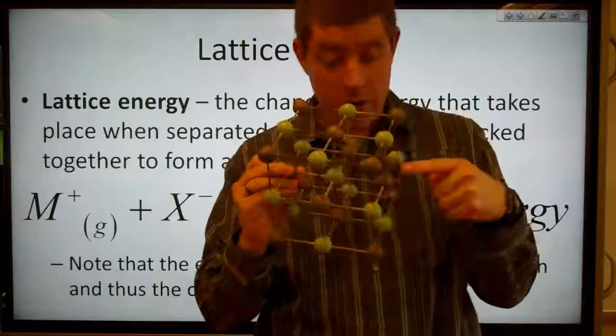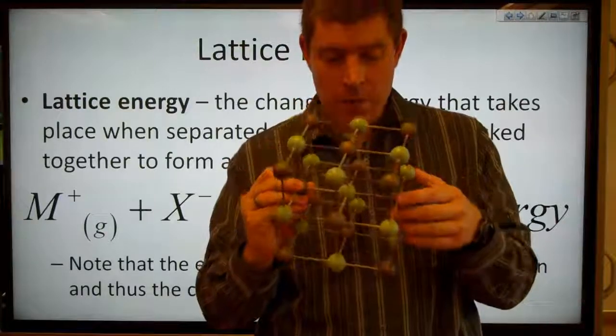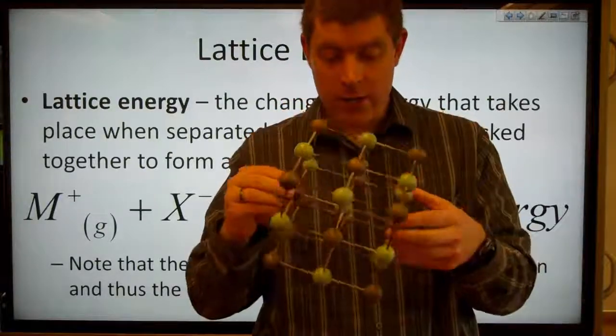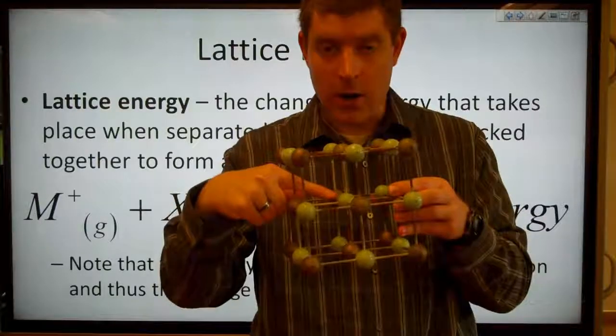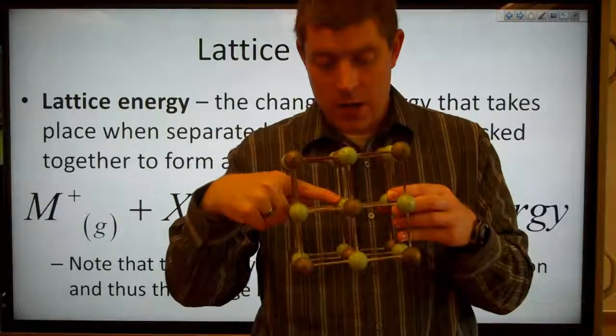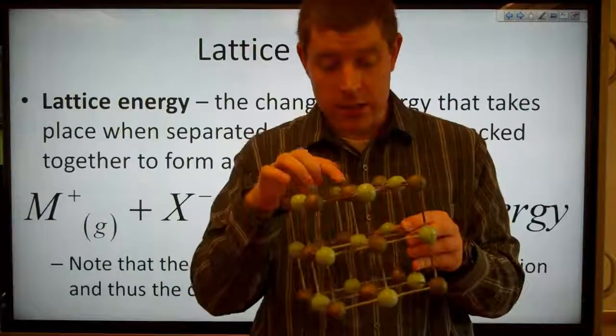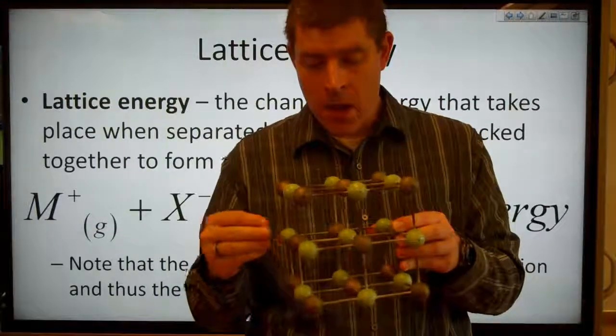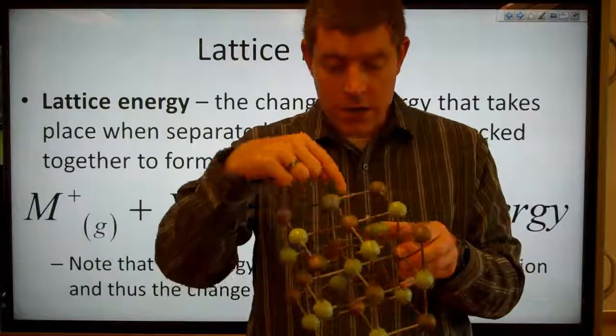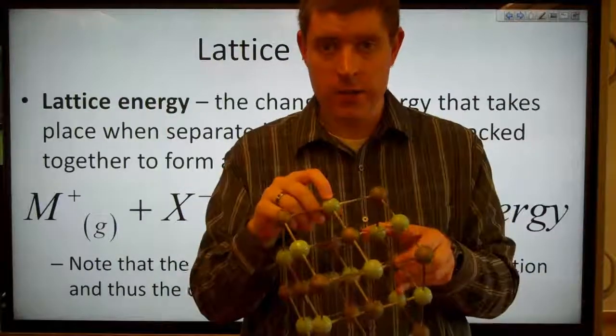And likewise, that sodium ion will be attracted to that chloride ion. And so we pack together our ions in such a way that each cation is surrounded by anions. In this case, it's 6 anions. And each anion is surrounded by 6 cations.